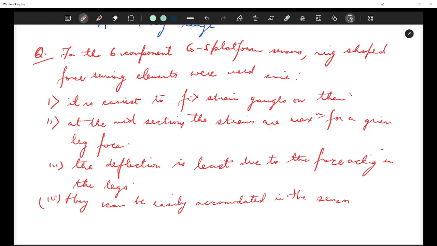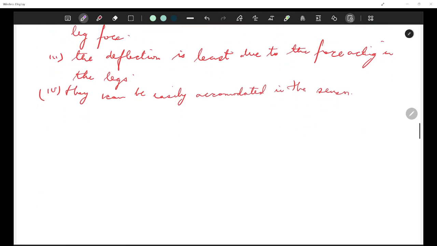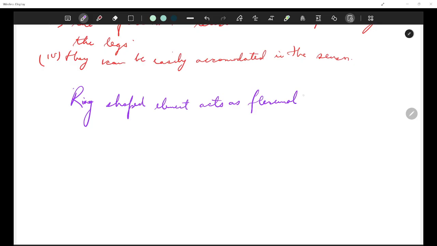Okay, so what is the purpose of the ring element is the first question that we should ask, and then we'll be able to decide on the options. So you know very well that in the Stewart platform sensor, each leg carries axial force, and that force must be measured accurately. Strain gauges are mounted on a deformable element. So the ring-shaped element acts as a flexural element.